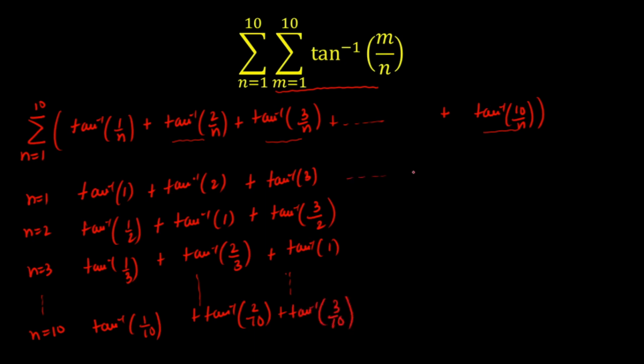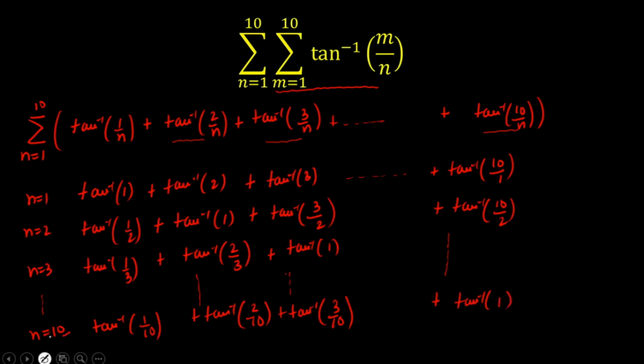If you move up to the last row, you'll get tan inverse of 10 upon n, that is for n equal to 1, we get 10. Next is tan inverse of 10 by 2, and so on, up to the last term, tan inverse of 10 upon 10, where n equal to 10. So 10 upon 10 is 1.